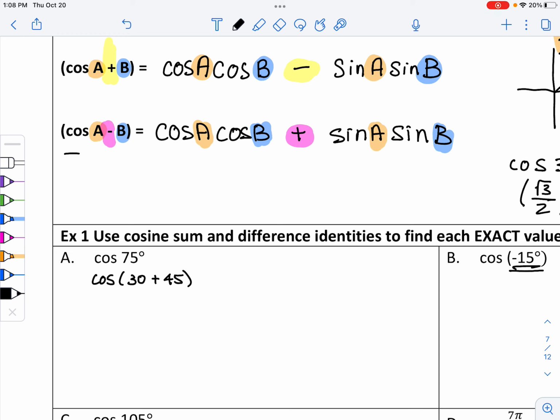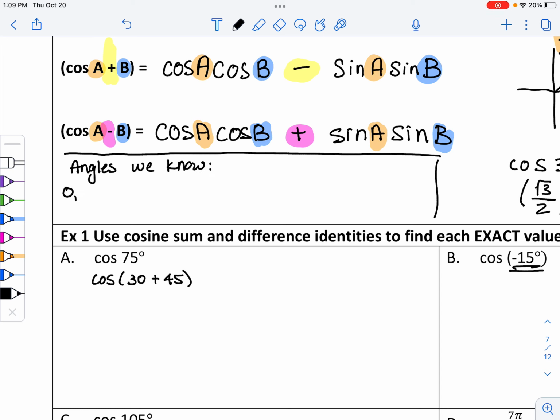In fact, I'm going to go back up to the top. Angles that we know: we know 0, we know 30, we know 45, we know 60, we know 90. We know 120, we know 135, we know 150, we know 180.